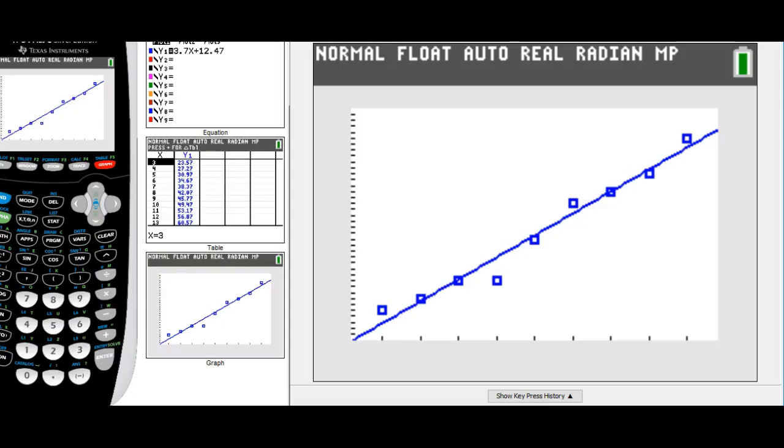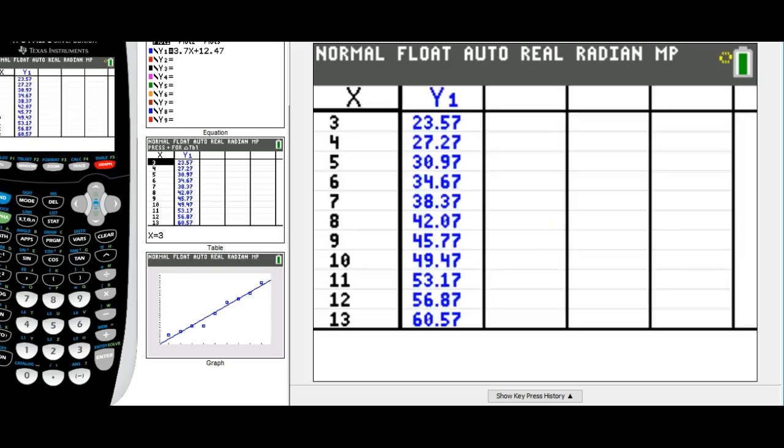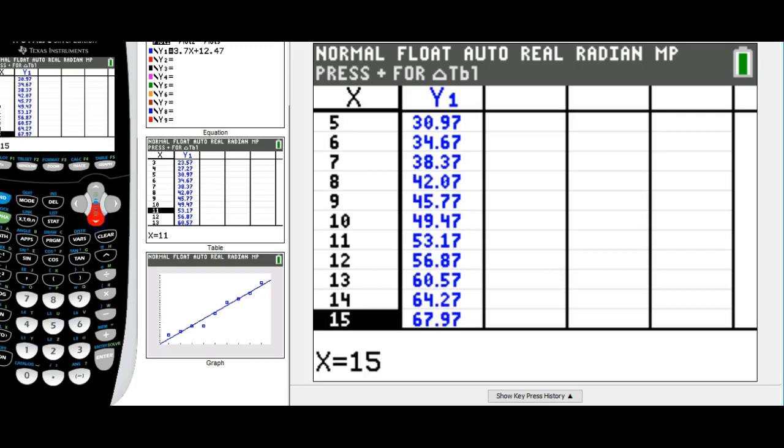Or, I like to just go to my calculator. Since I put the line in, I can just do second graph, and I can look for where x is 15. I go down a couple because I don't see that on my screen. See what y is. Y is 67.98. And because we're rounding, we would say 68.